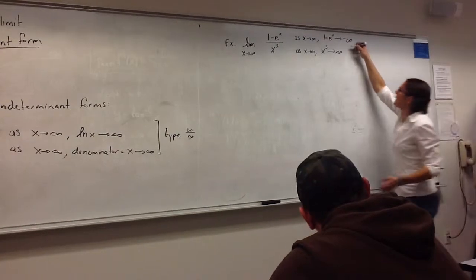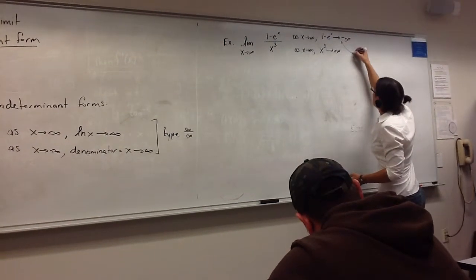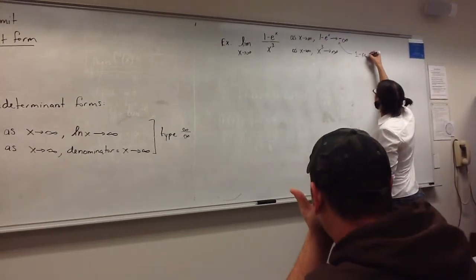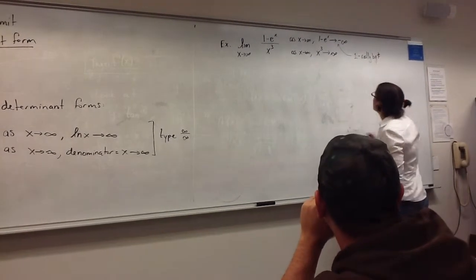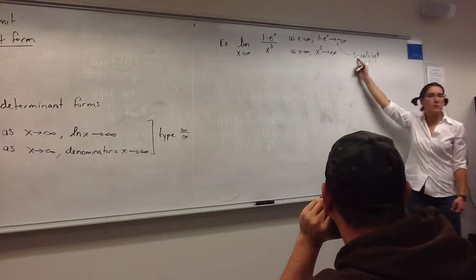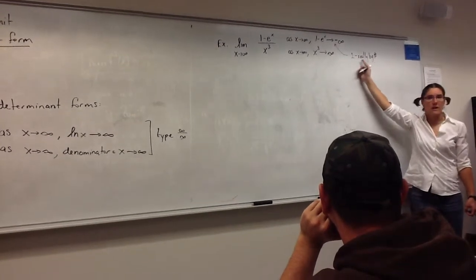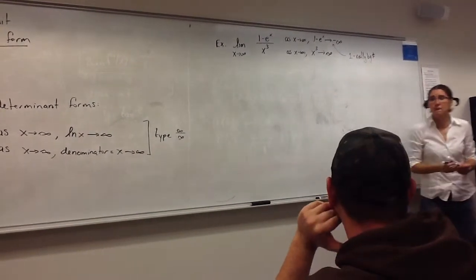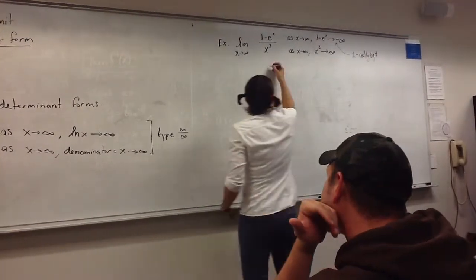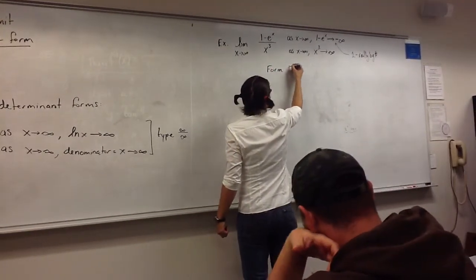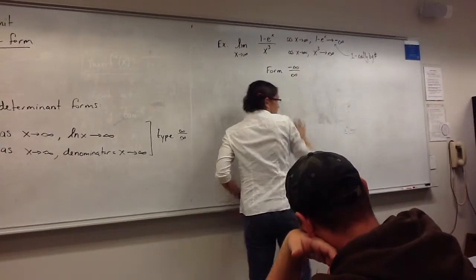So thinking about this one up here, we have 1 minus a really big number. Well, that 1 is pretty much insignificant, and I pretty much have a negative really big number. Okay, so this particular limit is of the form negative infinity over infinity.